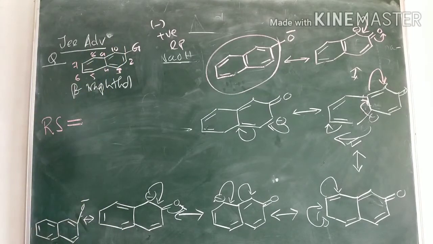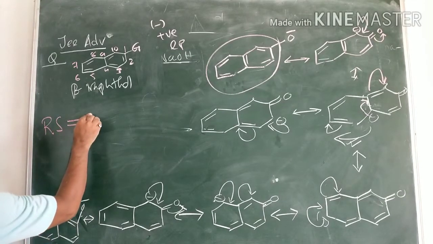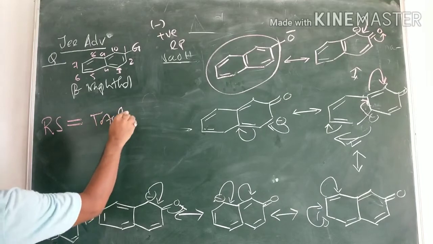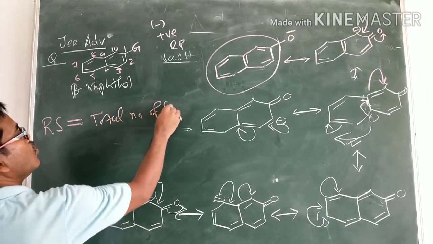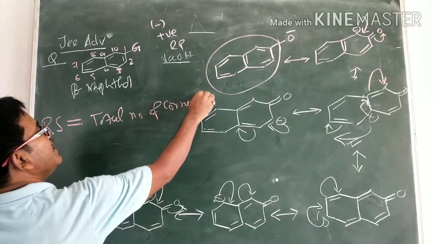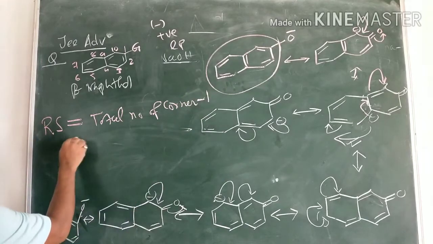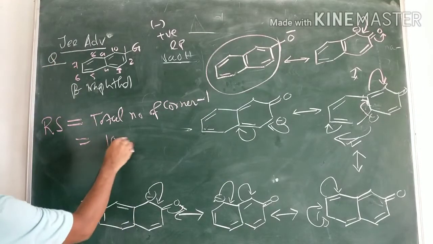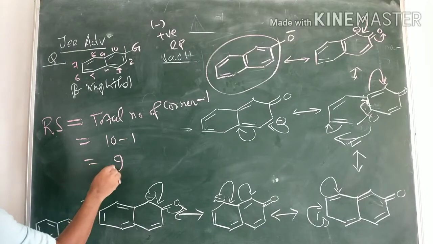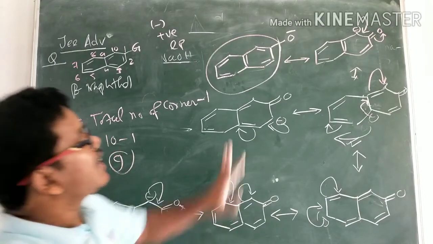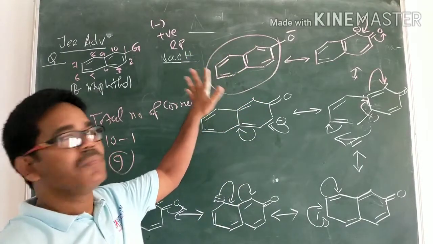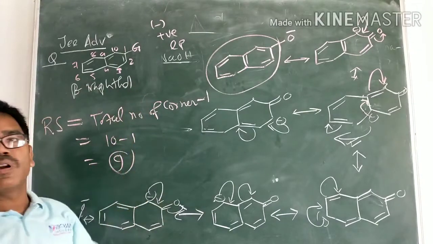Simply, we need to count only the corners of the benzene ring. And RS is the total number of corners minus 1. Therefore, here the total corners were 10 minus 1. Therefore, the answer was 9.